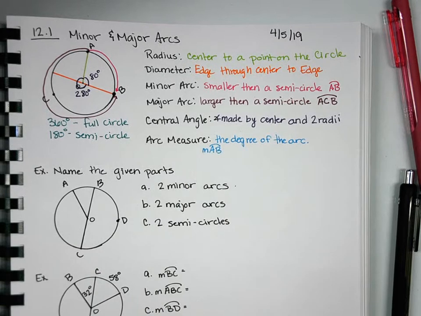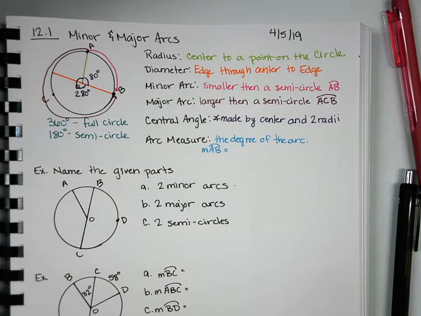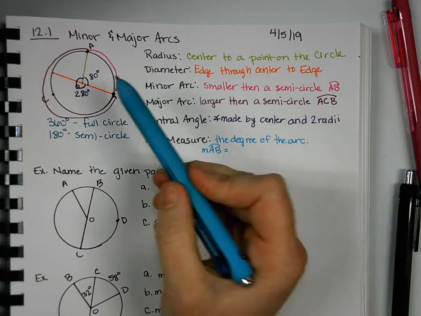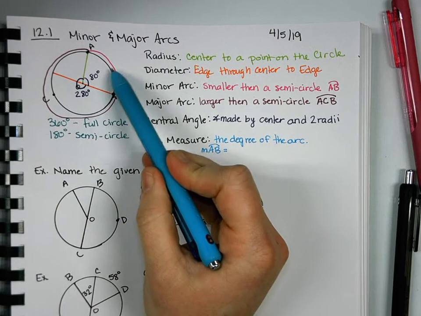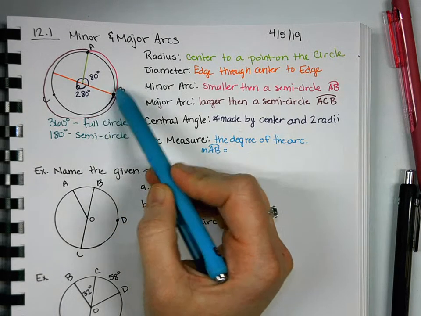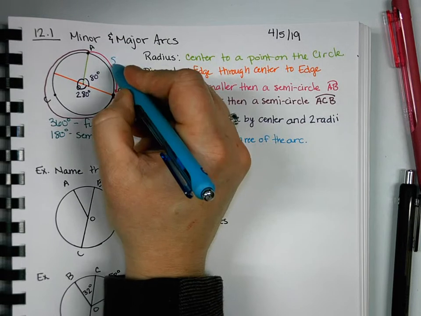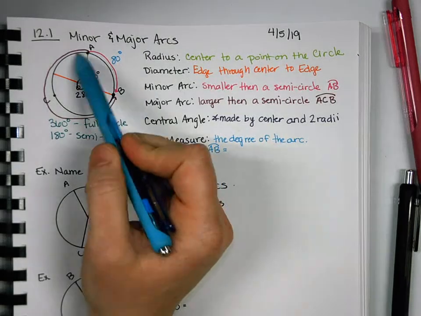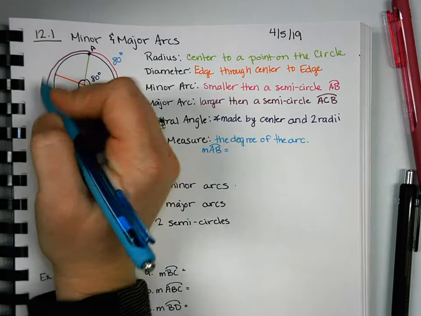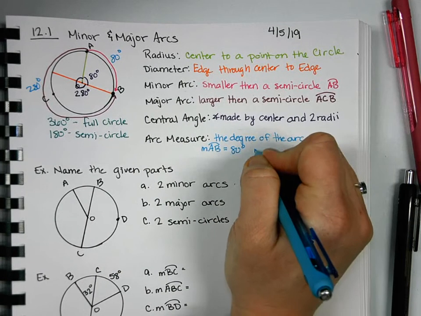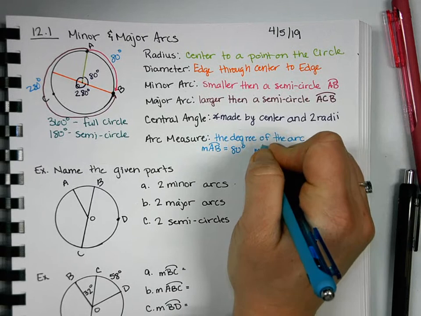So m means measure of arc AB. And one of the nice things about measuring arcs that have central angles is that the measure of the central angle is the same as the measure of the arc. So see how this has endpoints A and B? That means the arc from A to B will also be 80. Just like major arc ACB will be 280. And the measure of arc ACB will equal 280.